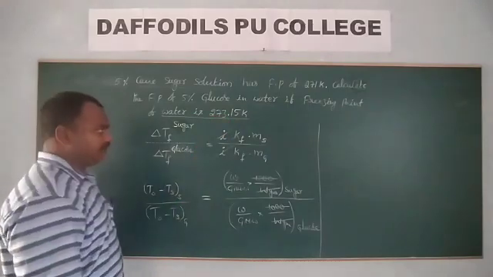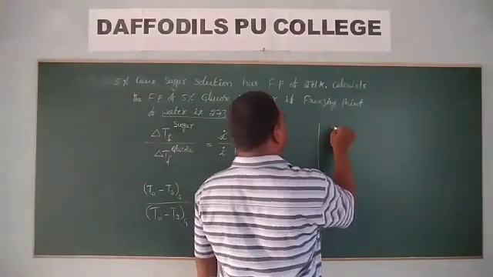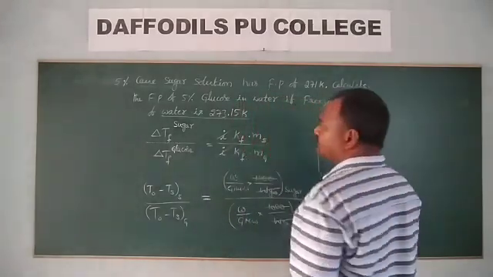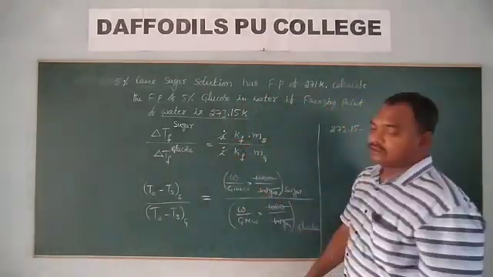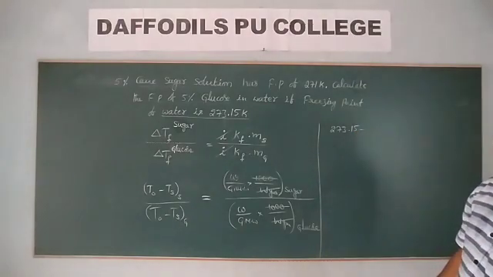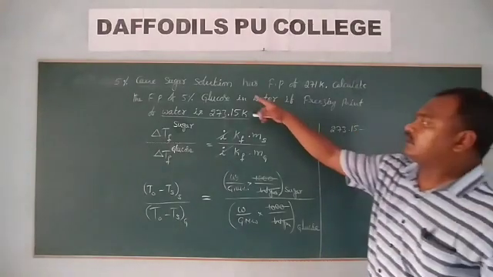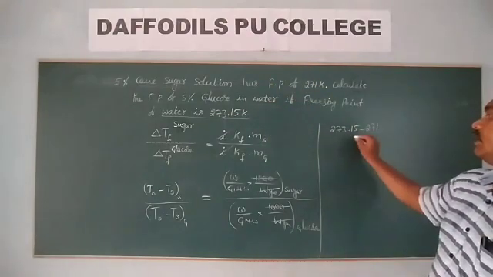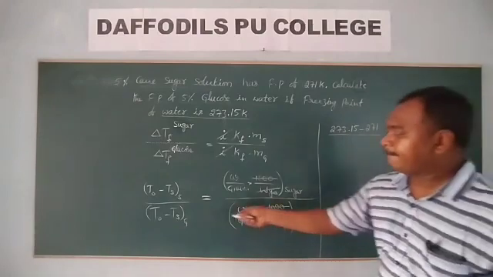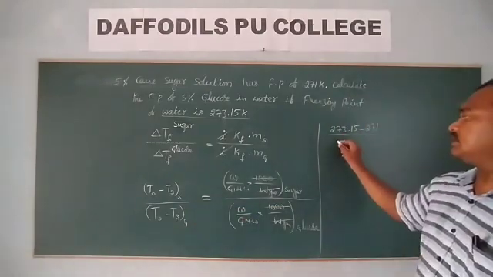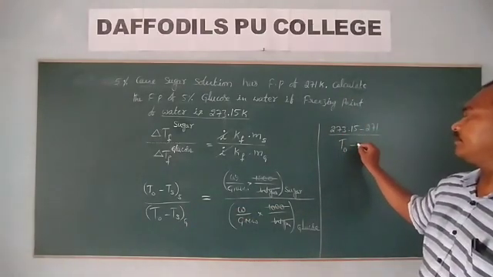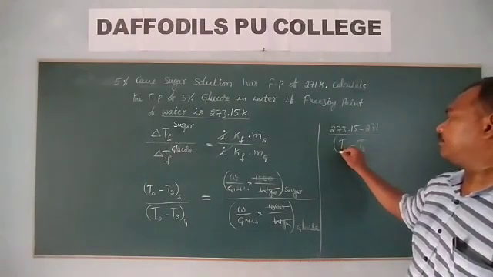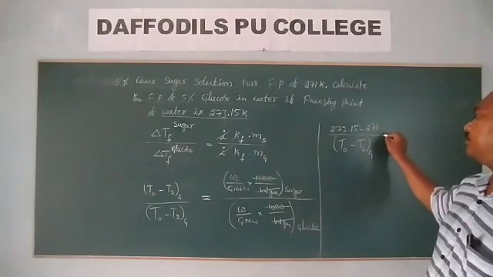The water freezing point is given, and that one is 273.15. They said to take the freezing point of water like this, 273.15. The freezing point of the sugar solution is also given, 271, by T0 minus Ts of glucose.